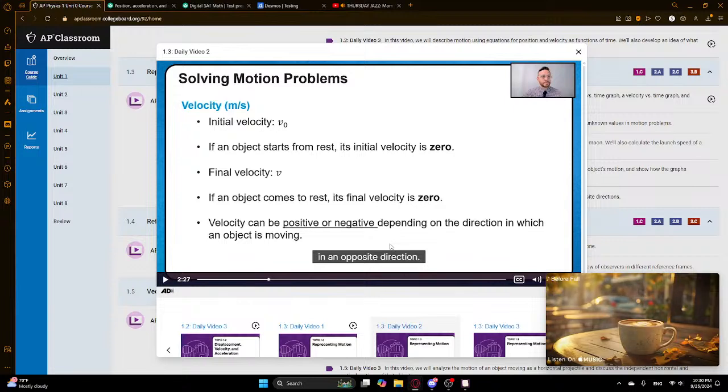The final velocity is v. If an object comes to rest, its final velocity. What does that mean? If an object comes to rest. Ah, that makes sense.